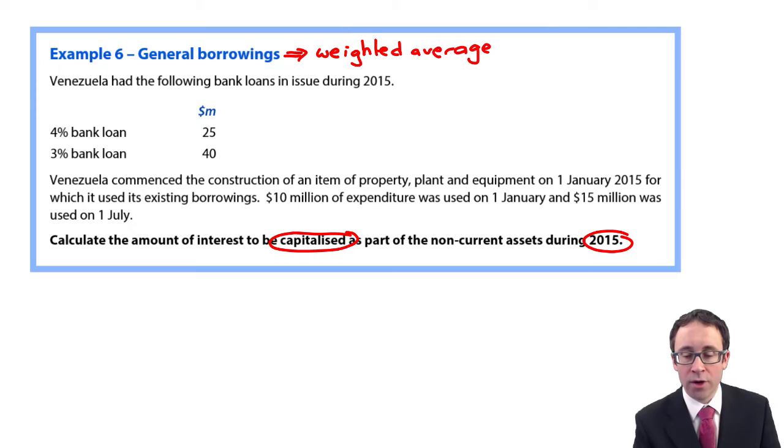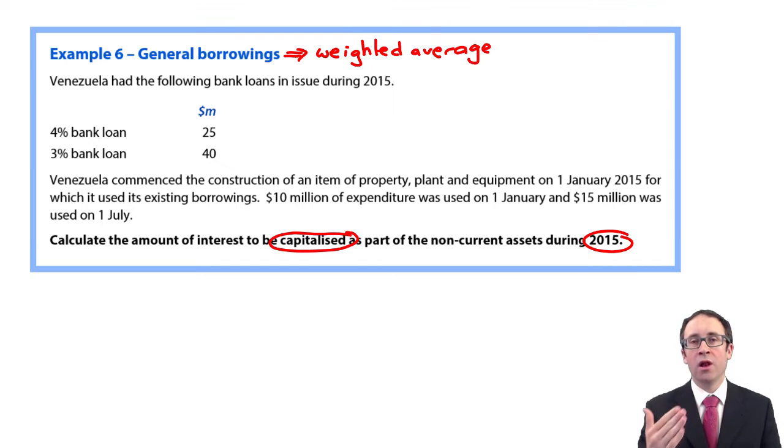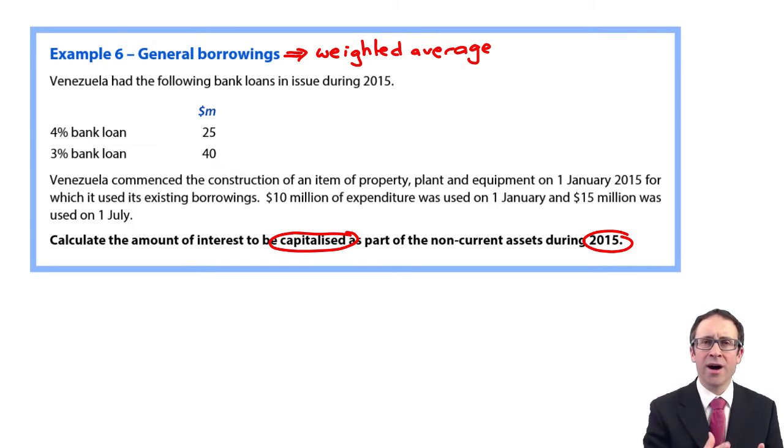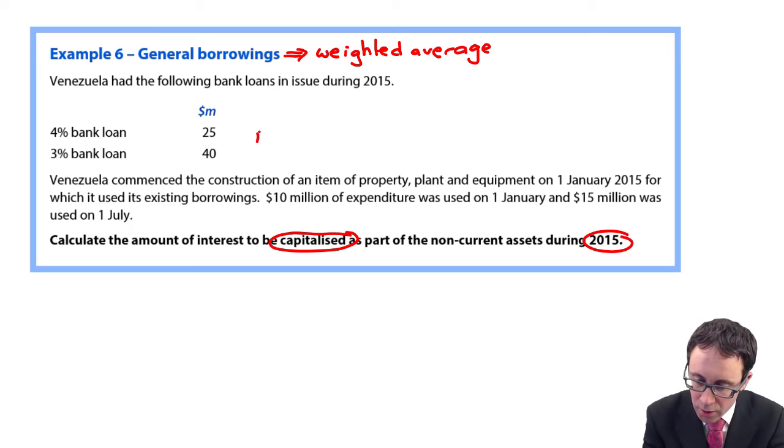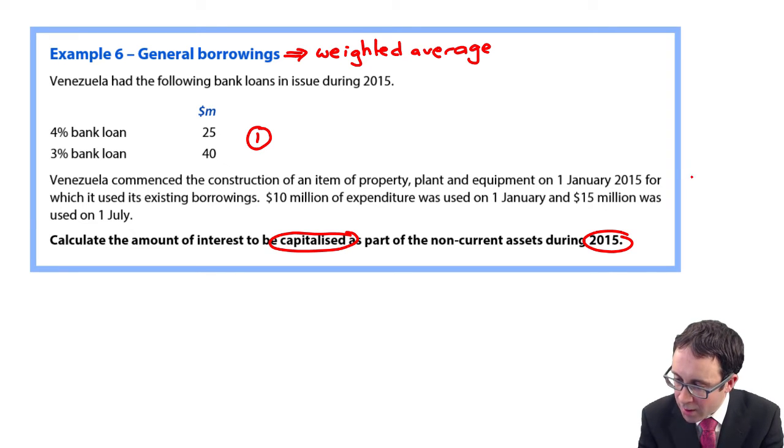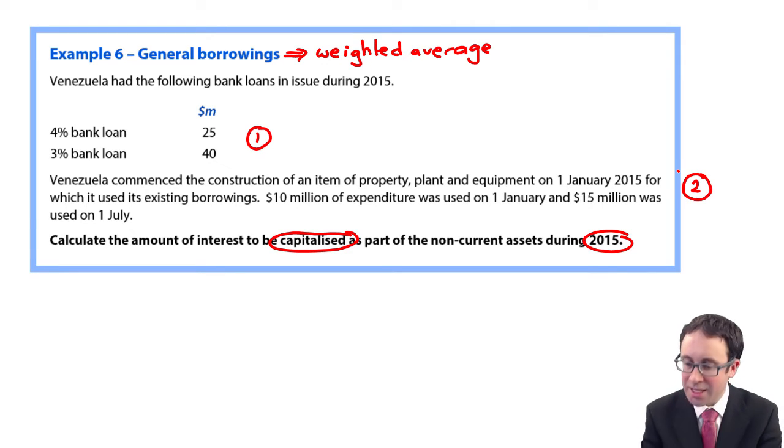So we're going to work out the amount of interest on each of the loans individually. Once we've got the loan interest on each of them, we will total it up and then divide it by the total amount of the borrowings. Once we've worked out the weighted average, the second bit is to work out what needs to be capitalized.